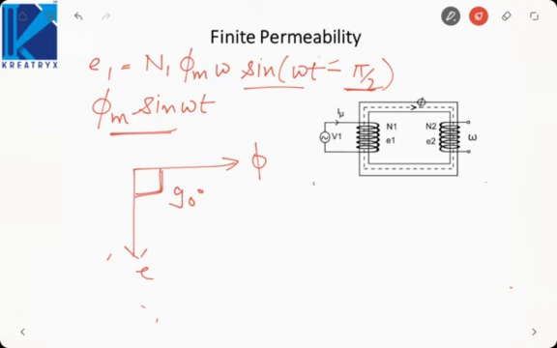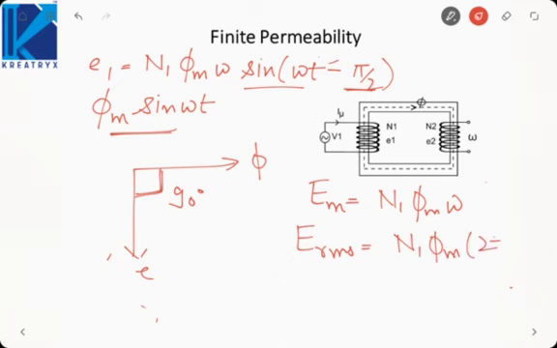Now the maximum value of EMF is N1 phi m omega. So the RMS value will be N1 phi m into omega, that is 2 pi f, divided by root 2. So it is 4.44 N1 phi m f.